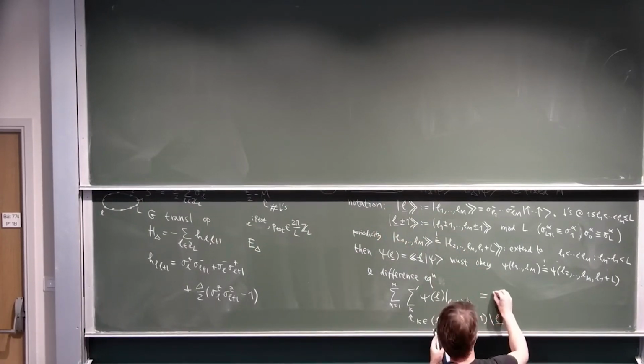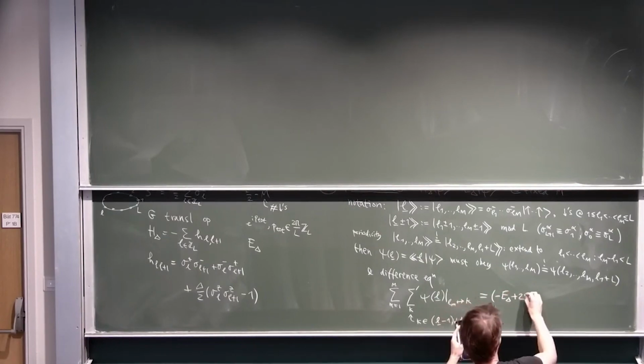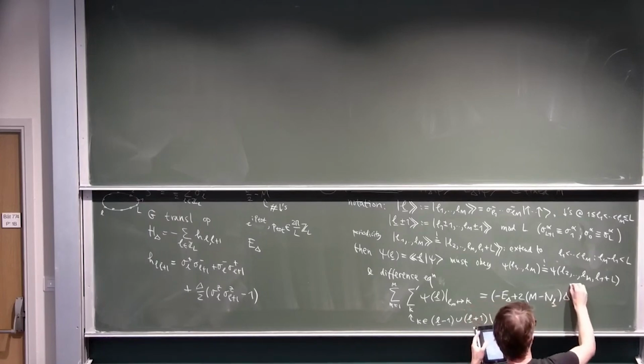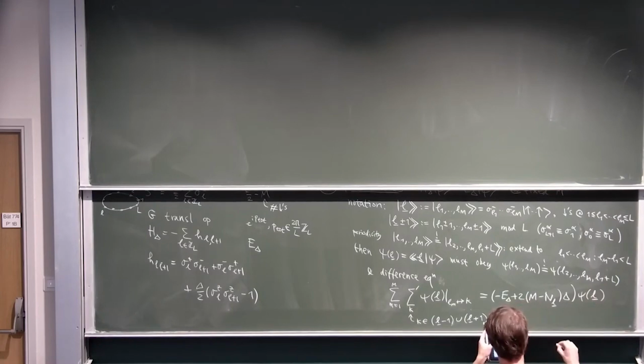And then on the other side, if I get it correctly, we're going to get minus E delta plus twice m, the number of down spins, minus NL, which I'll denote in a moment, it's a number, times delta. And then here we just get psi of L. And this NL here is just the number of adjacent down spins.